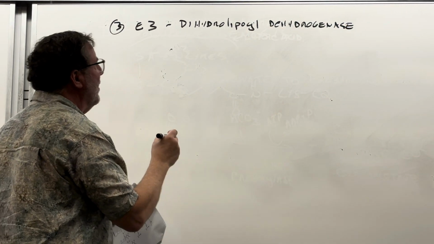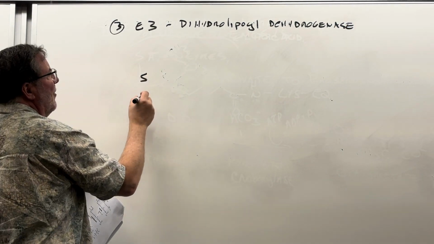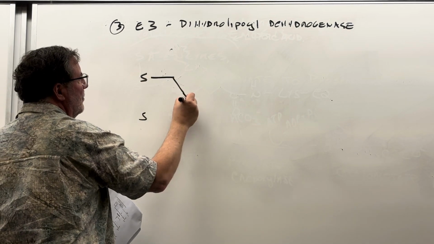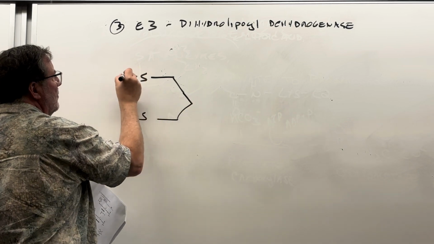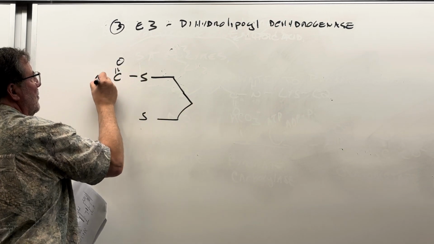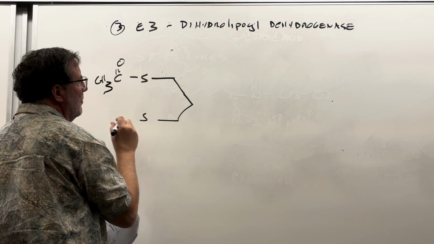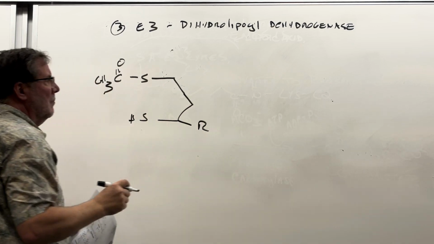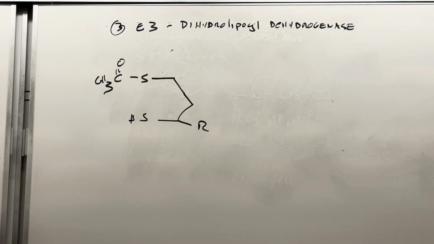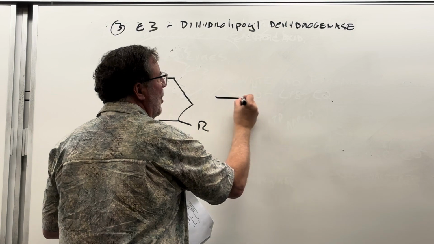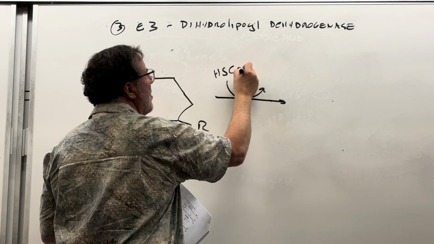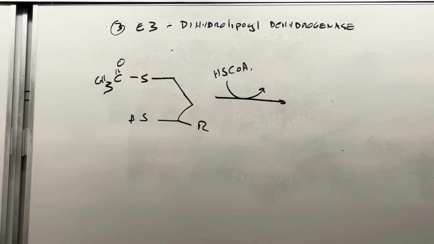So the first part of it is relatively straightforward. We're going to take that, and we're going to bring in coenzyme A. So here's another coenzyme, basically.